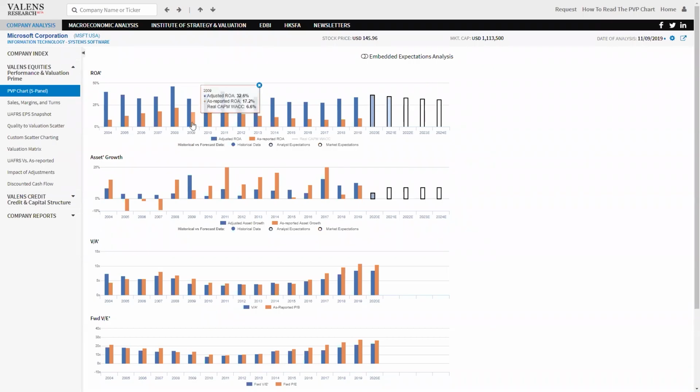In reality, ROAs have risen from 32% to 34%, while Microsoft has been steadily and healthily growing. If you were looking at as reported accounting data, you would think Microsoft is a declining business that also is trading more expensively and has lower profitability. In reality, Microsoft has been a company with stable returns, cyclical but stable, with stronger returns and also with a lower valuation.